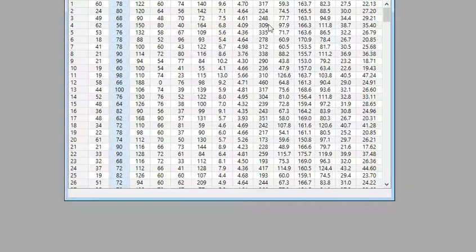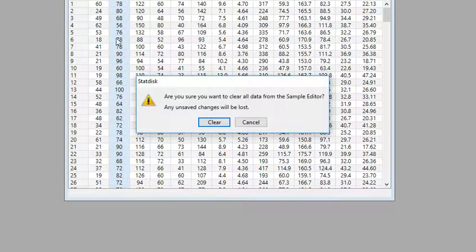So I can close this out and we can clear out the data that we have here. So let's just clear that. Yes, I do want it cleared.